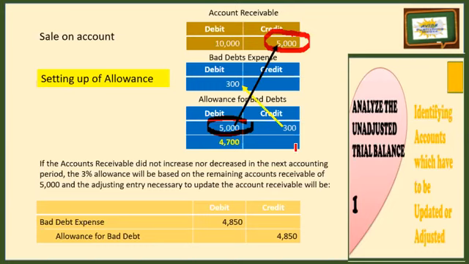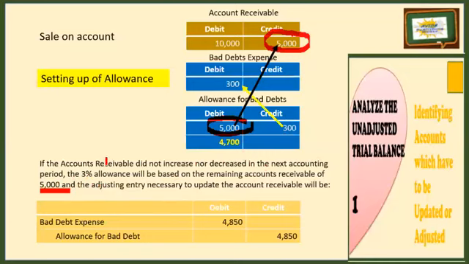To set up the 3% allowance here, you have to debit not the 5,000, because there has already been 300 provided before, but to maintain the 3% on the 5,000, you will have to have how much? 150.